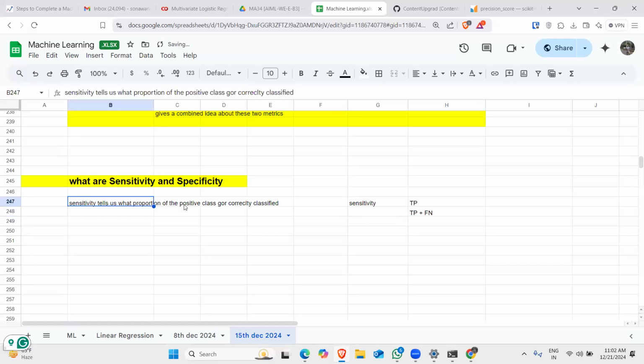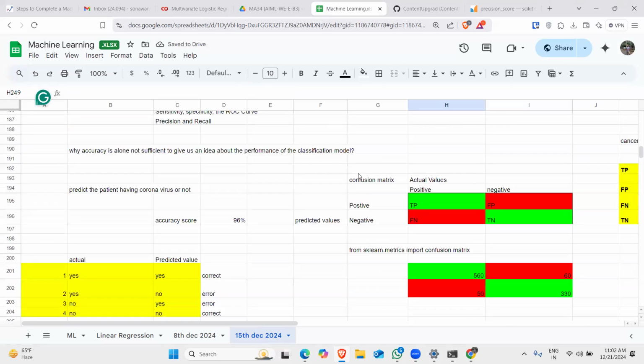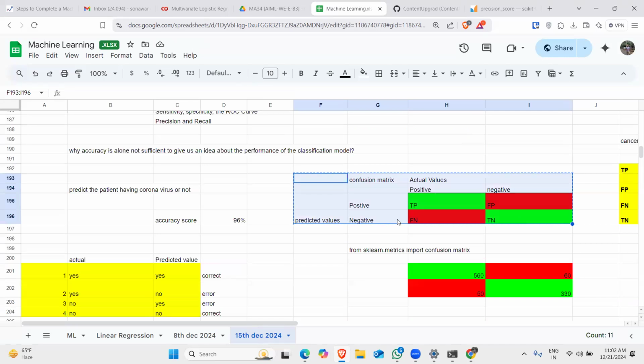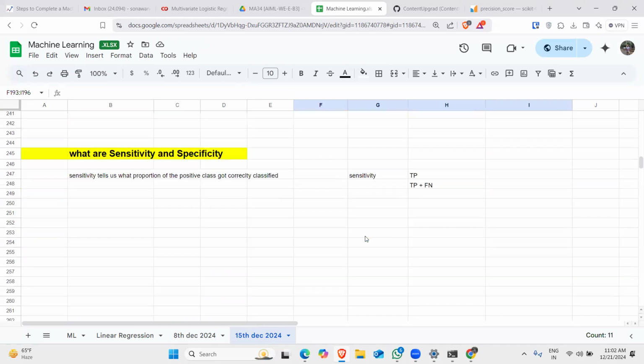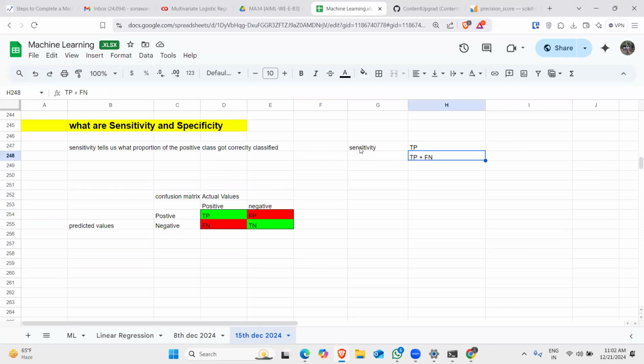So what portion of the positive class got correctly classified? Out of this, how many are positive classes over here? We have true positive and false negative. These are the actual positive, right? Out of this, how many are correctly positive? It is true positive.